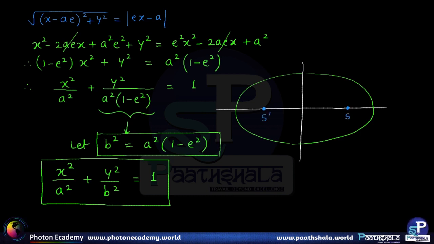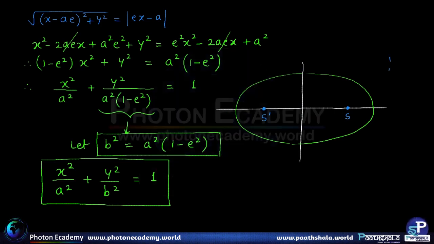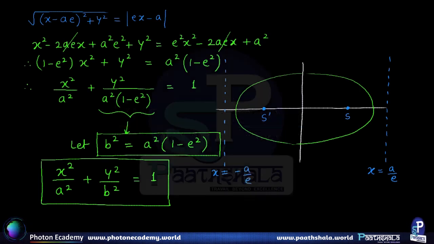Because of the symmetry, like we consider the focus on right side, similarly you can consider the focus on left side also, and there are two directrices, one on the right and one on the left. So x is equal to A by E is the right directrix, and x is equal to minus A by E will be the left directrix.